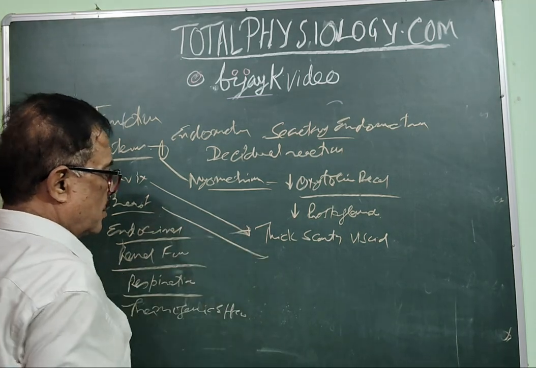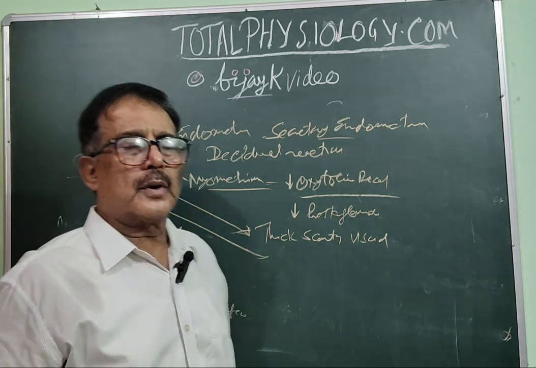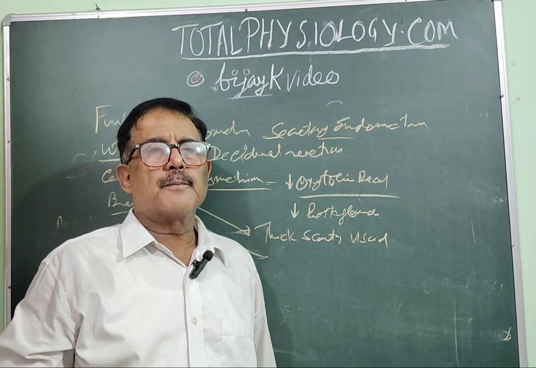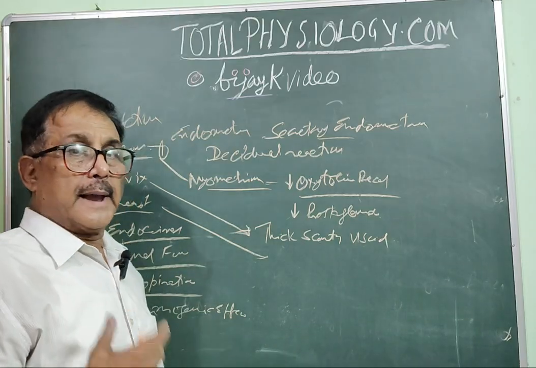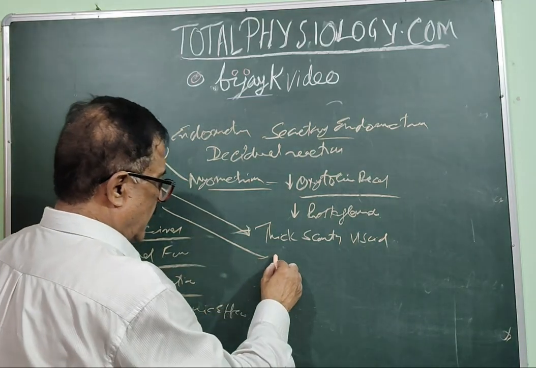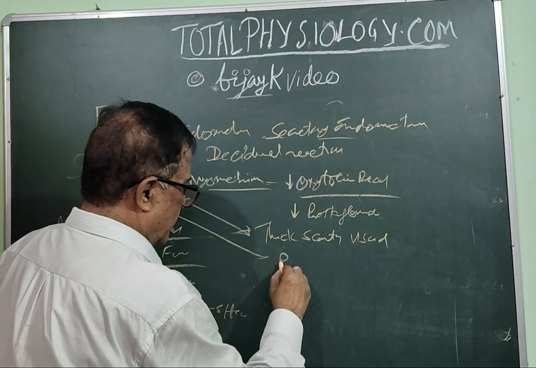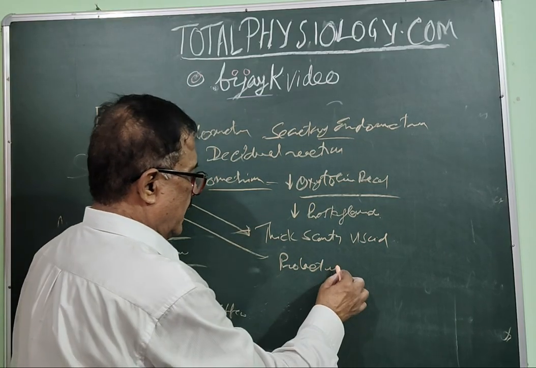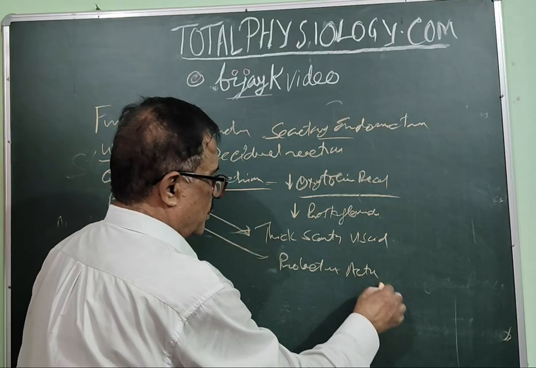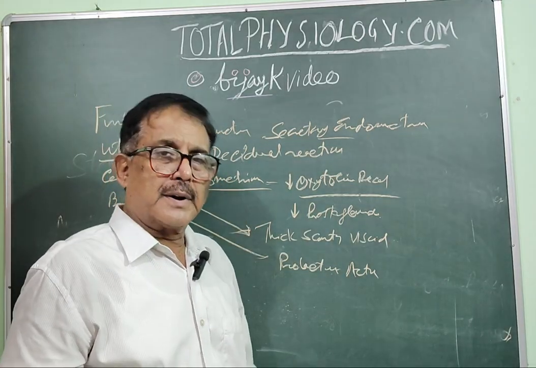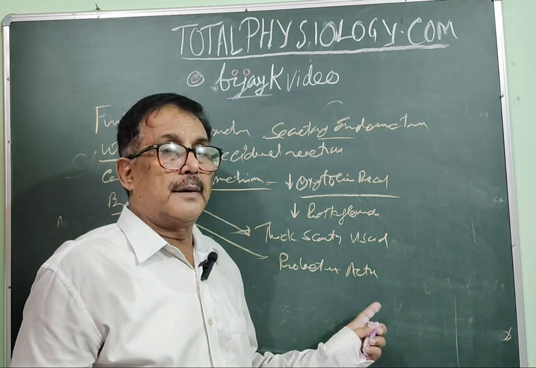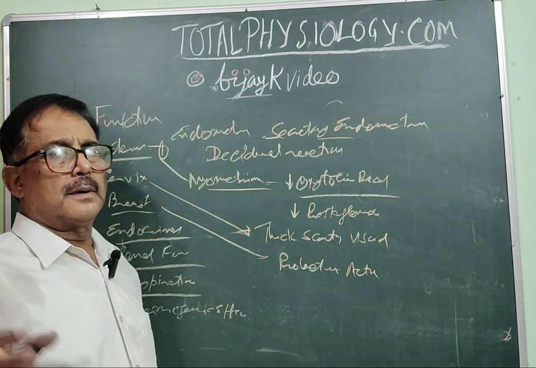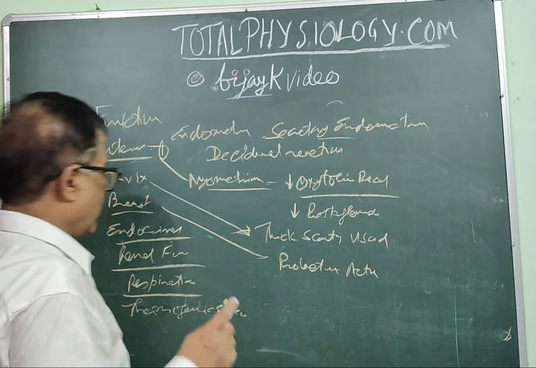Now coming to the breast, it stimulates the lobulo-alveolar system, meaning lobules and alveoli are increased in size and number, and it inhibits prolactin action to produce milk until delivery has taken place.